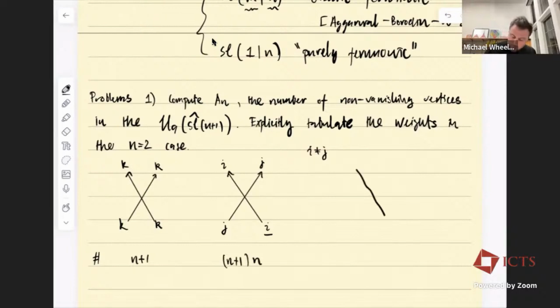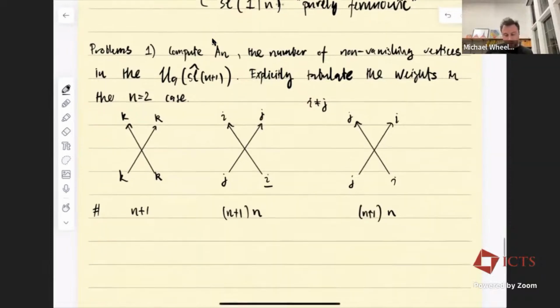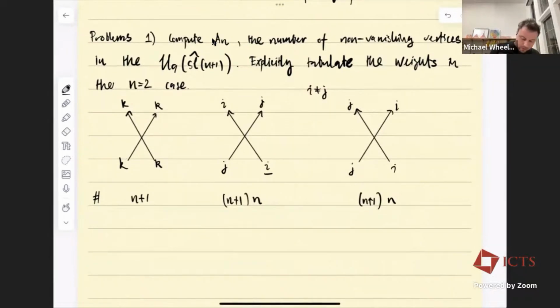And then for the remaining vertex, that's where the colors kind of bounce off each other, if you like. The enumeration of that is exactly the same, so n plus 1 times n. So we just have to add up all of these, and this gives that a_n is equal to n plus 1 times 2n plus 1.